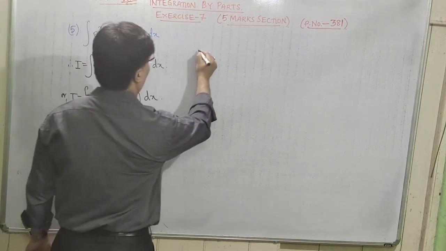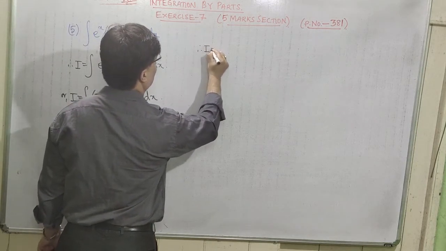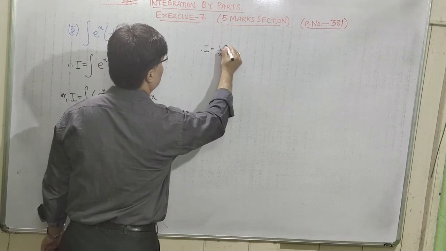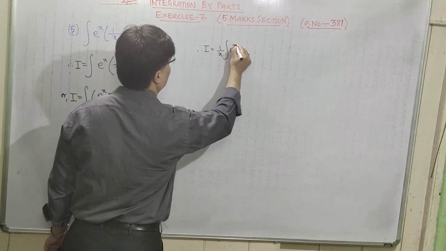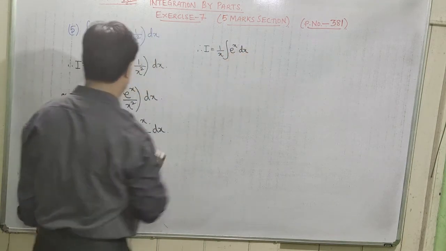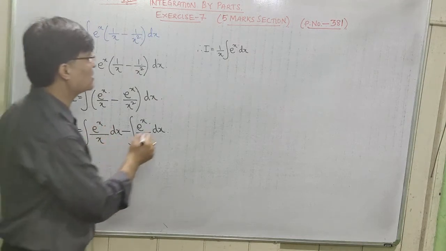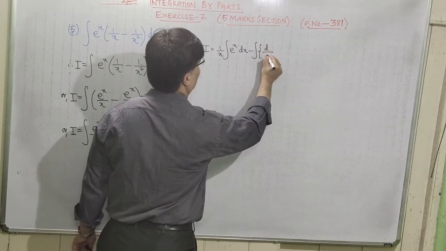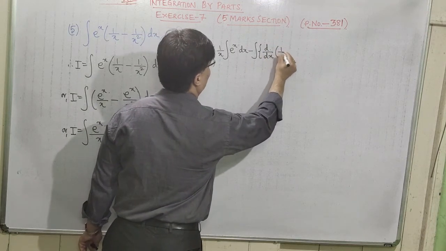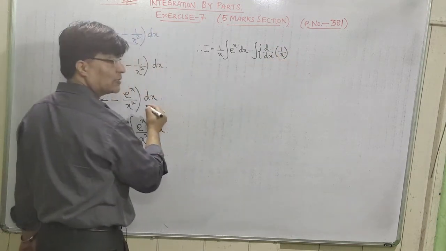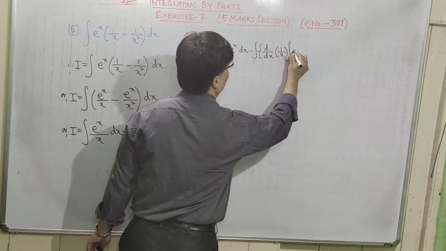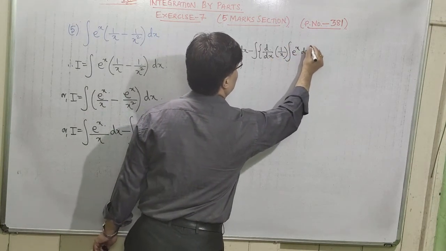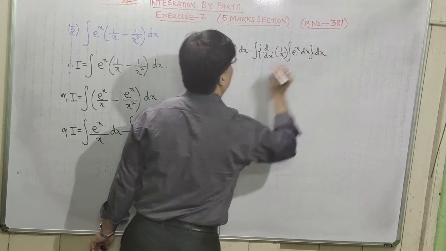Okay, so therefore I is equal to 1 upon x taken outside, integral sign e to the power x dx. Okay, then minus sign, integration of d by dx of this, your 1 upon x, right? Then integration of e to the power x dx, second bracket closed, dx.